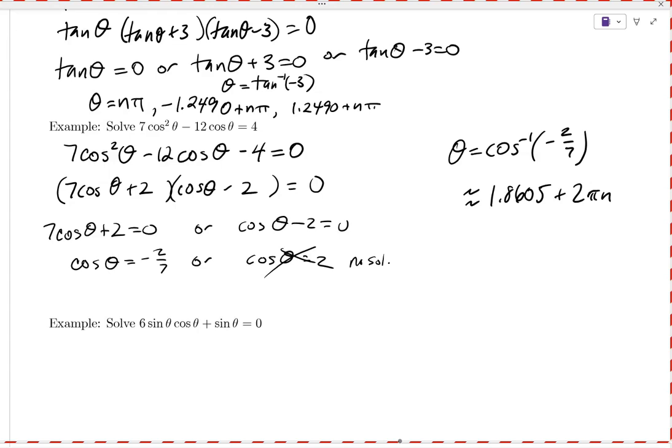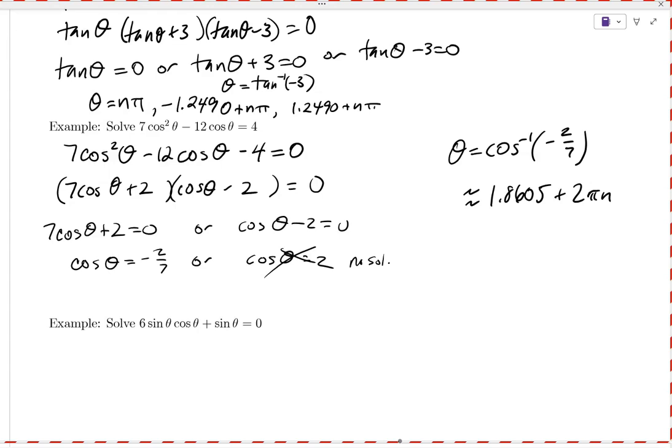So we get that one solution, 1.8605, and since we're dealing with cosine, we'll add multiples of 2 pi n. Is that the only solution we get, though? So first off, let me ask you, what quadrant is 1.8605 in?